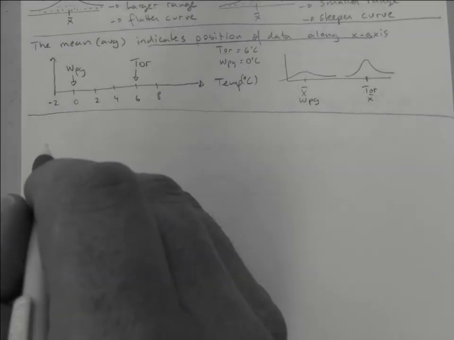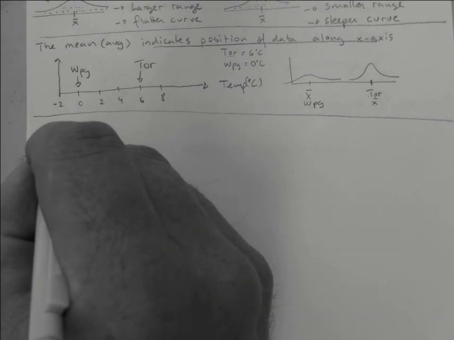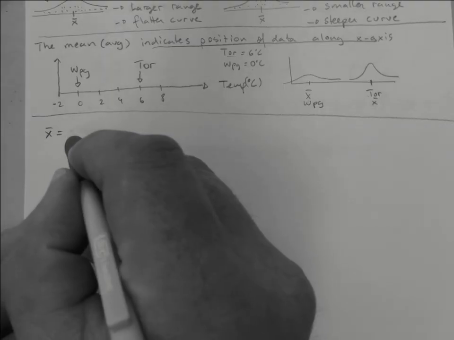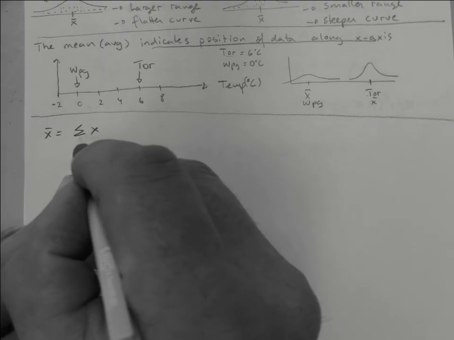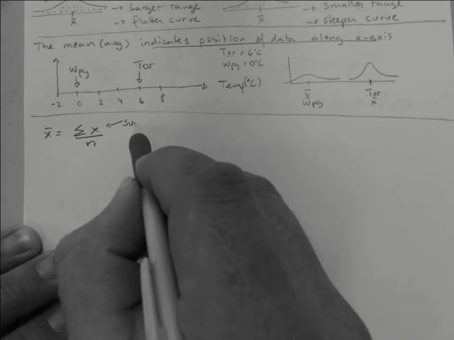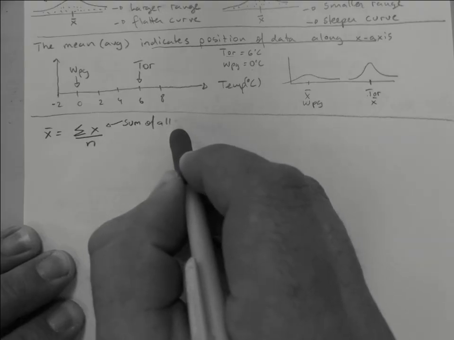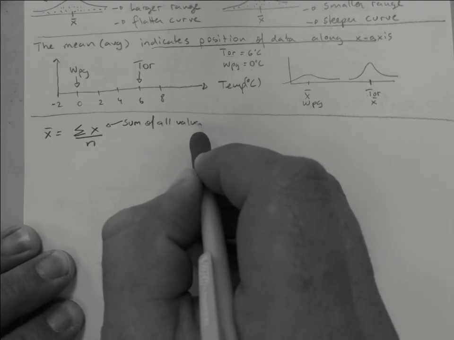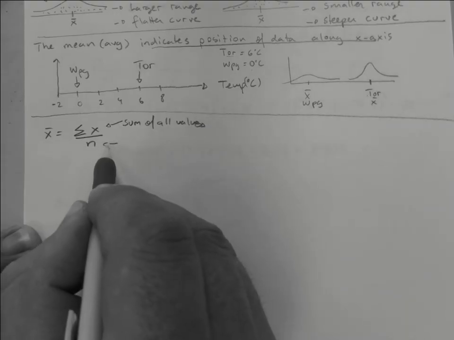Okay, so to find the mean, you just go, this is the sum of all values, and this is the number of values.